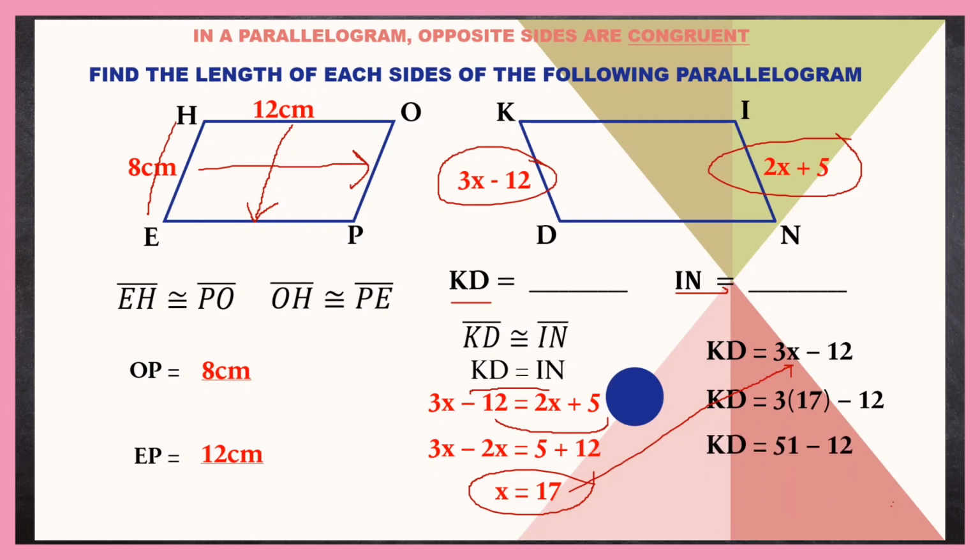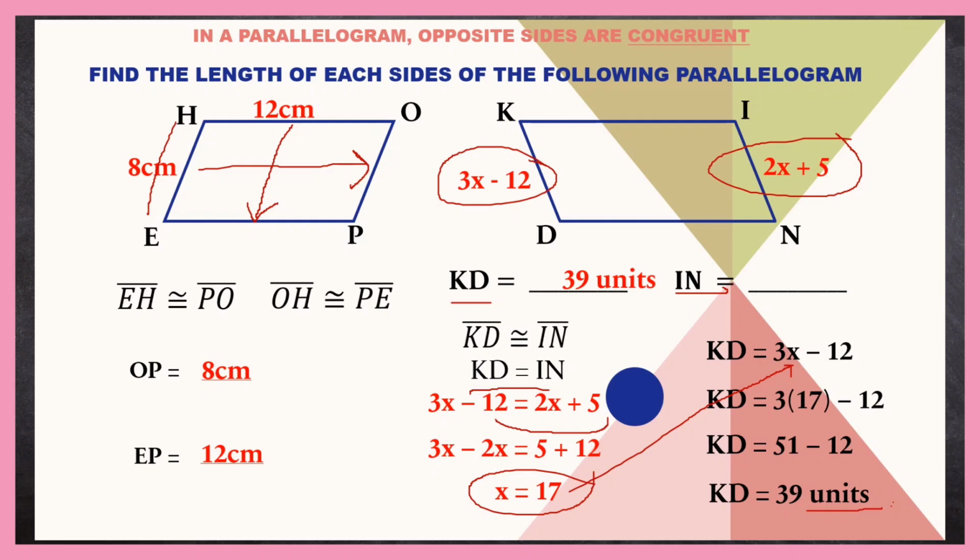Multiply 3 times 17, so we have 51. Then subtract 51 minus 12. So KD is equal to 39 units. We will write units instead. As you can see, there is no centimeter written here. So instead of centimeter, we will write units. And then of course, side KD is equal to 39 units.